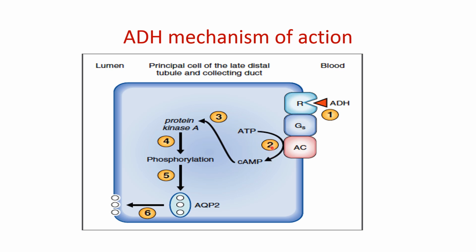Adenyl cyclase will lead to the conversion of ATP to cyclic AMP, and this will activate protein kinase A, and then it causes phosphorylation and the synthesis of these aquaporins or water channels, and then they will be inserted within the membrane. And when we increase the number of water channels, water reabsorption is going to be increased. This refers to the lumen here, the collecting duct lumen, or the distal tubule lumen.